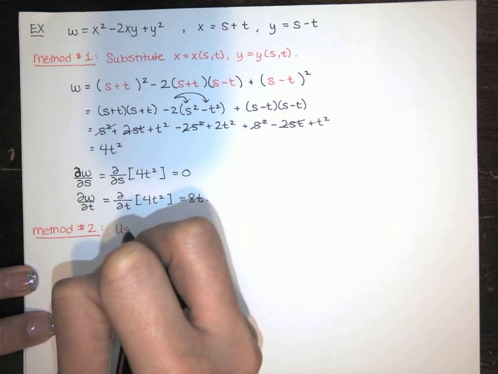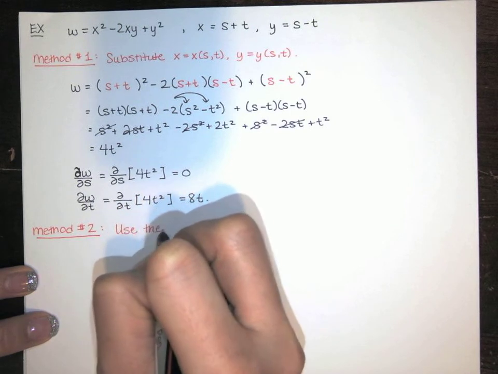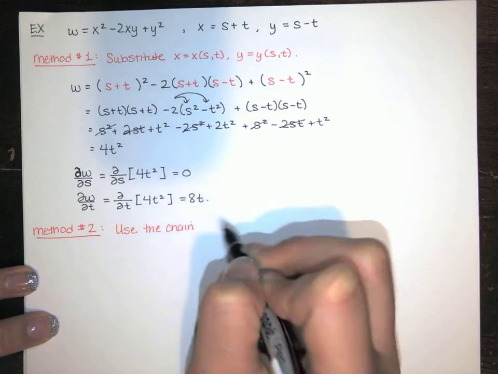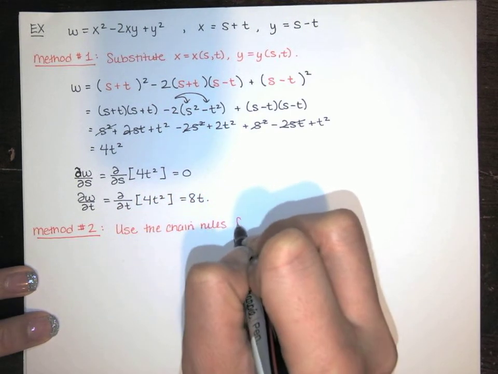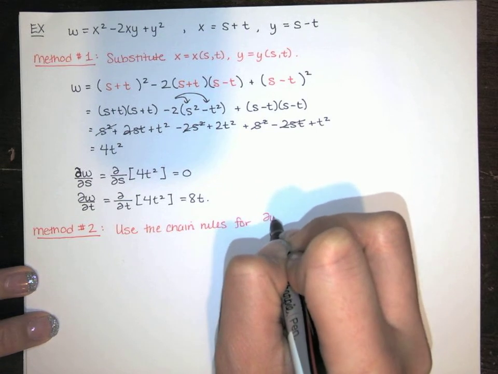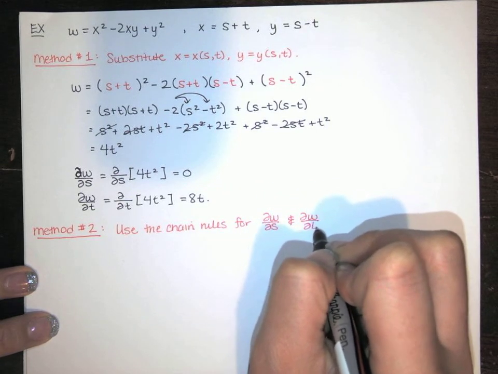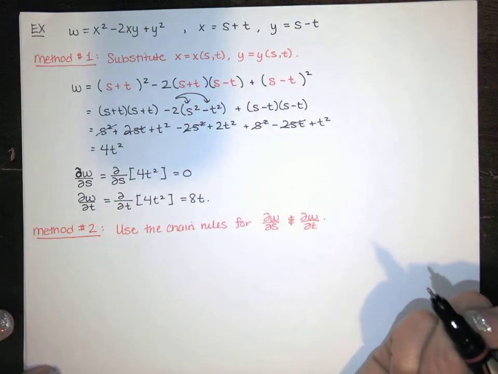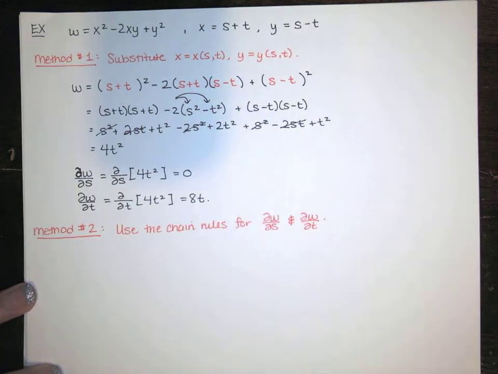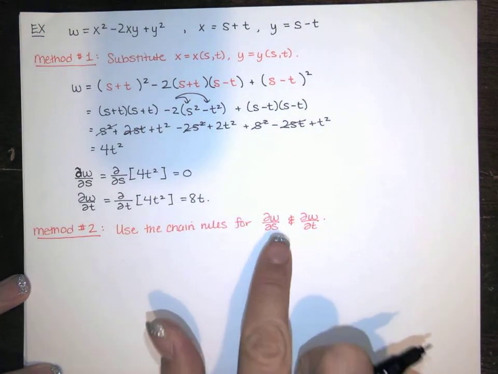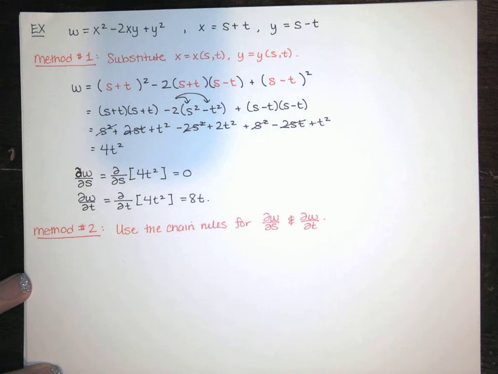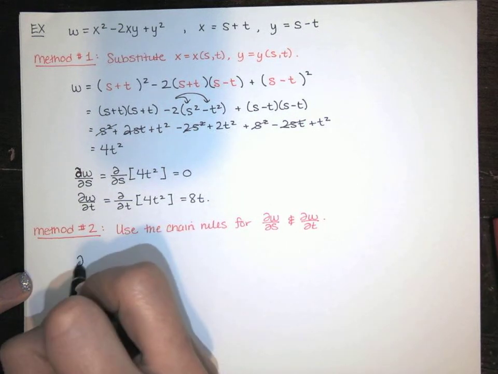So we'll use the chain rule for the partial of w with respect to s and the partial of w with respect to t. Now w depended on two variables, so each of these partial derivatives is going to have two terms. So you can write it this way.